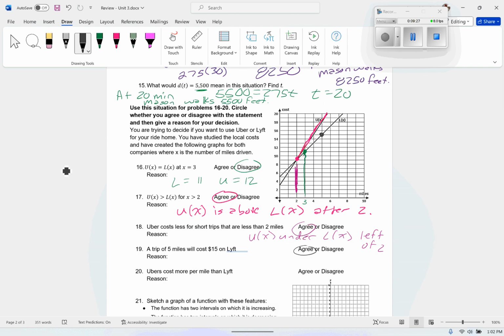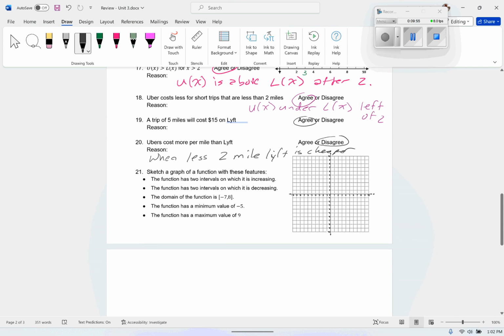Then Uber costs more per mile than Lyft. I disagree. There's when less than 2 miles, Lyft is cheaper. Okay, and then after the 2 miles, it's more expensive.